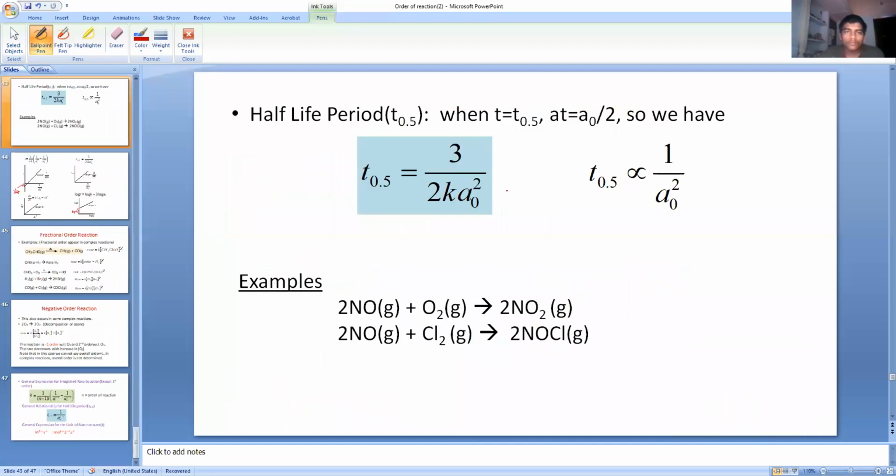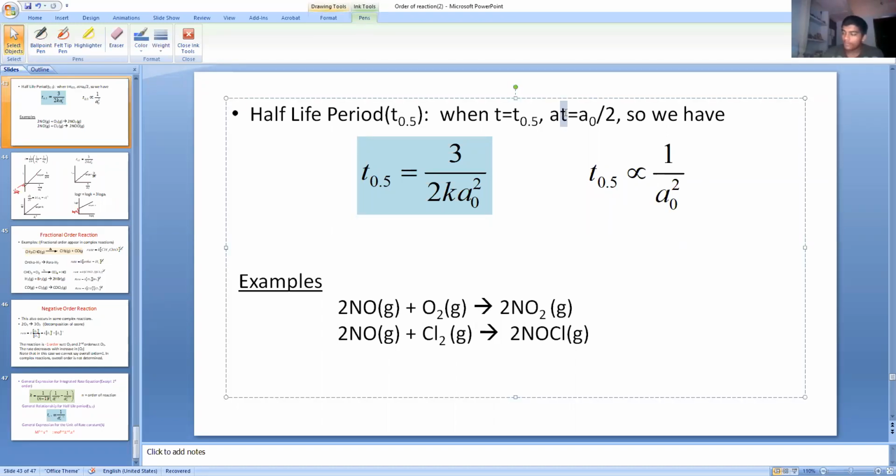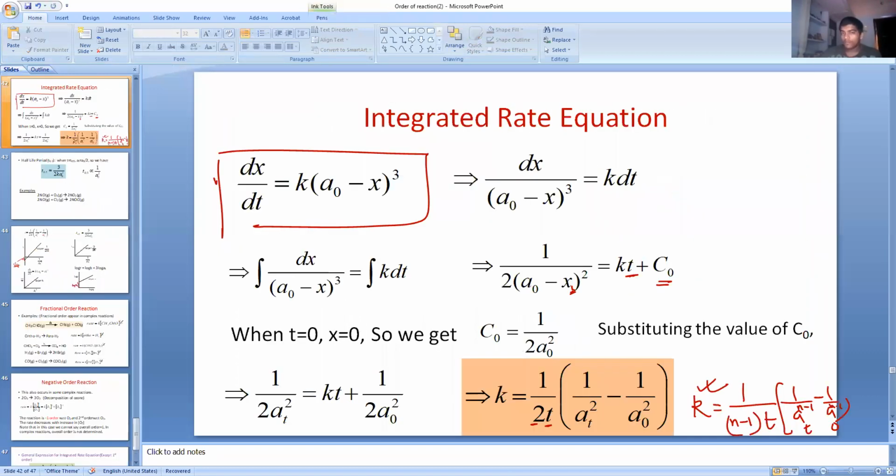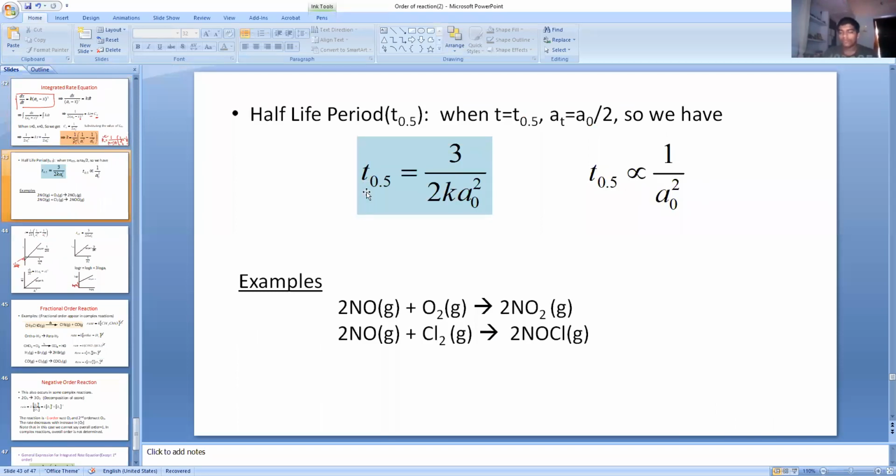So if you put at, the concentration at time t, as a0 by 2, at that time you get the half-life period. So when you put t is equal to t half, you put at as a0 by 2, and if you reshuffle, you find half-life period will be inversely proportional to the square of the initial concentration.